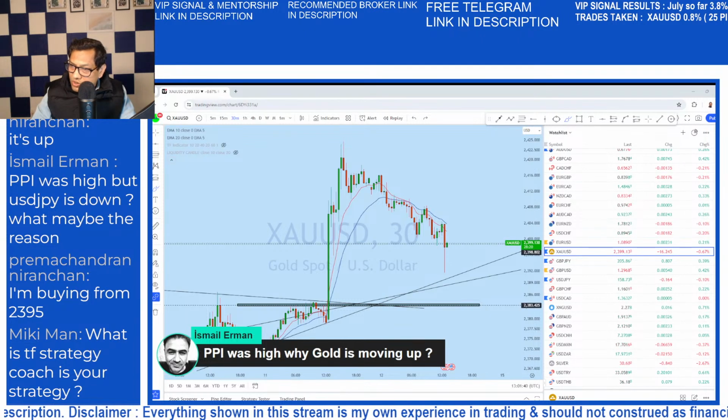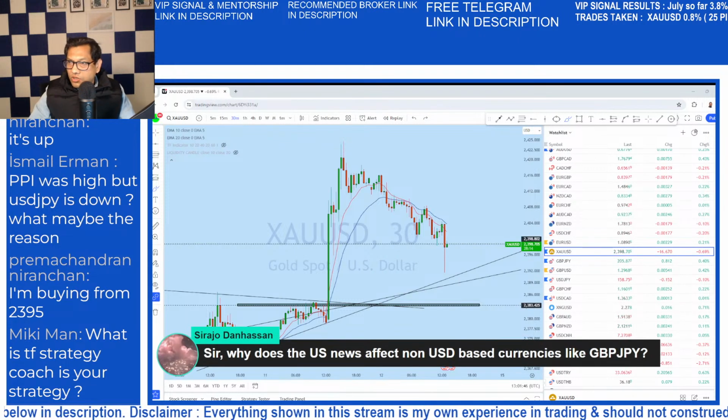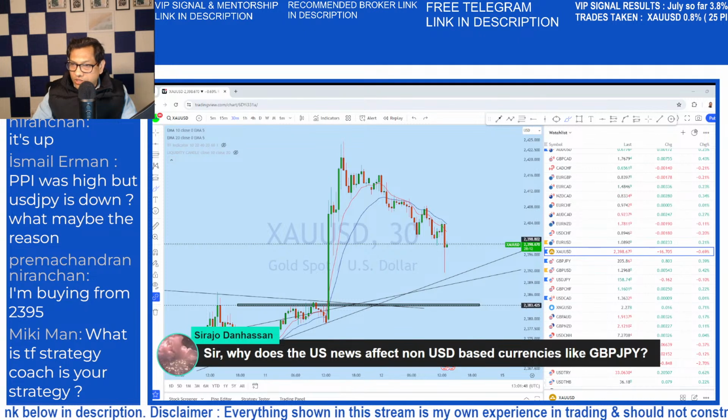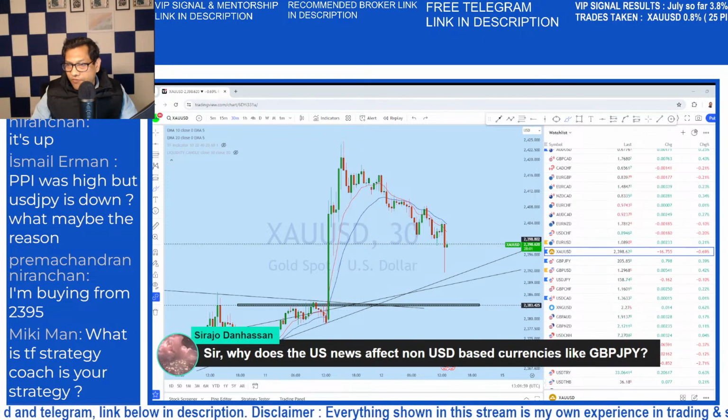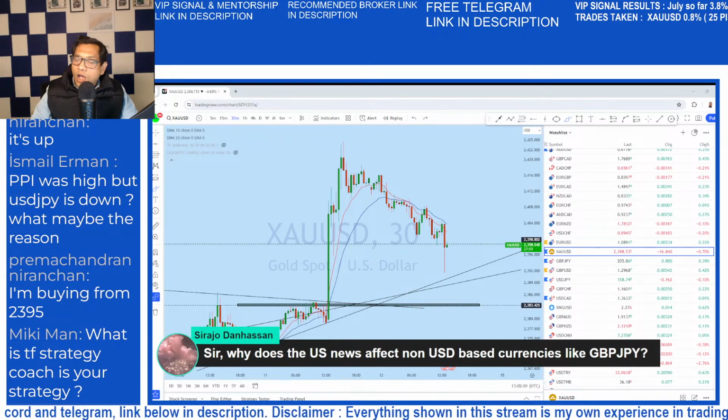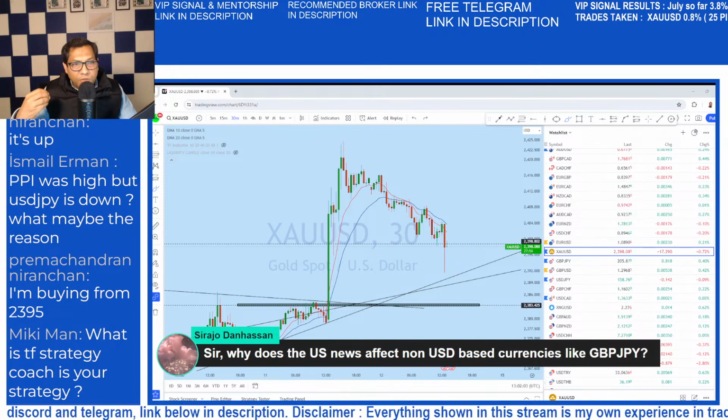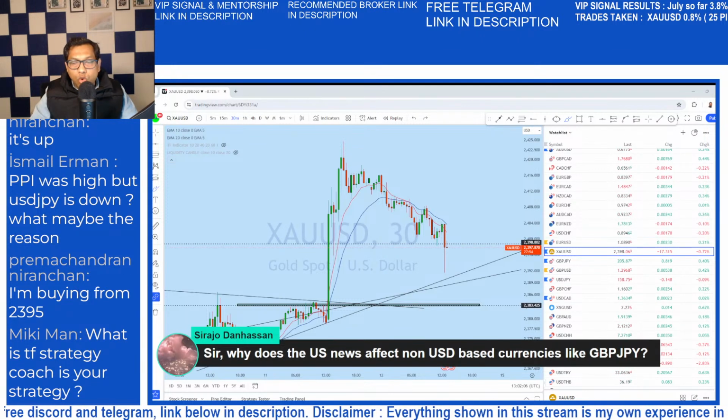So why does the US news affect non-USD based currencies like GBP, JPY? Okay, Siraj has asked a question: why does the US news affect non-US based currencies such as the GBP, JPY? Can anyone answer this question? It's in fact a very good question, isn't it? Because how do you know what instrument to look at when you are trading, right? So which instrument should you be looking at?